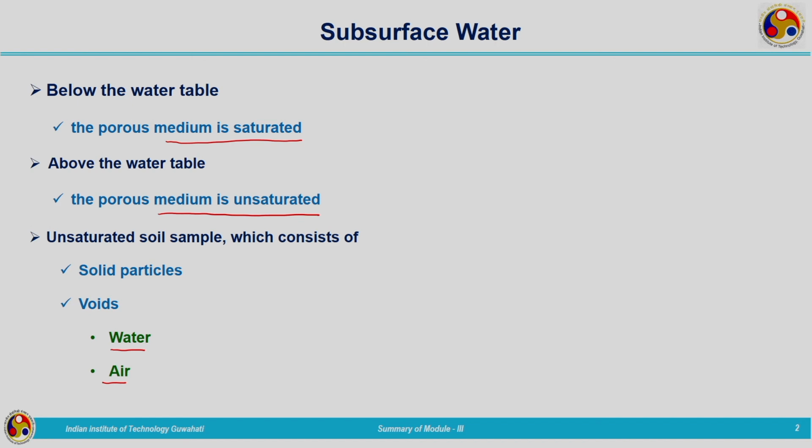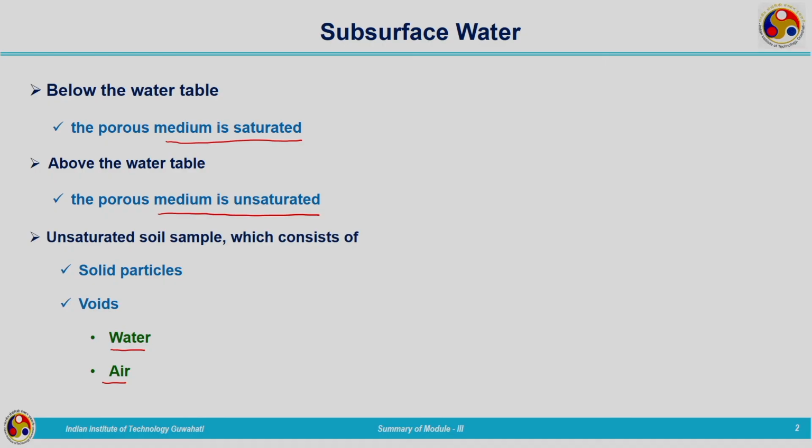If it is partially filled with water, that is some of the voids are filled with air, we call it unsaturated soil. Sometimes all the pores are filled with air only and there is no water present, then we call the soil to be in the dry state.